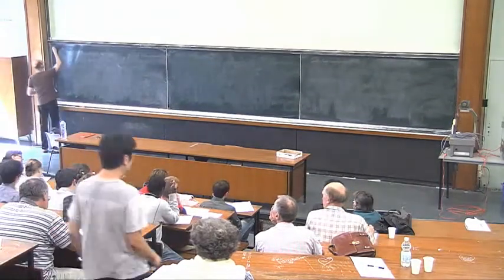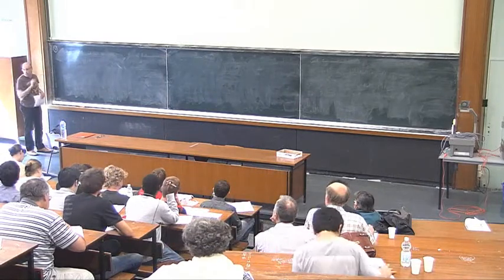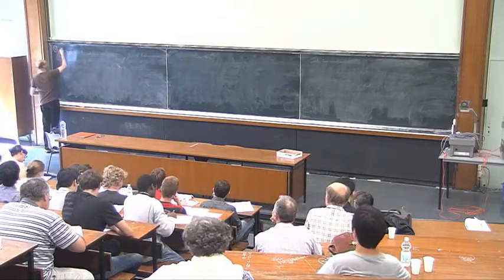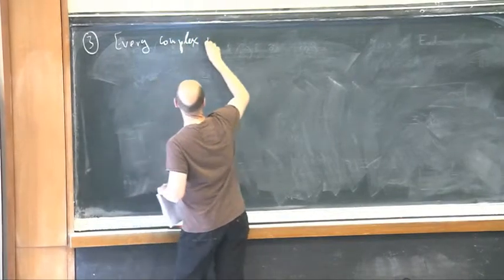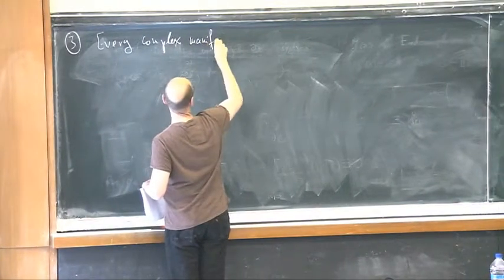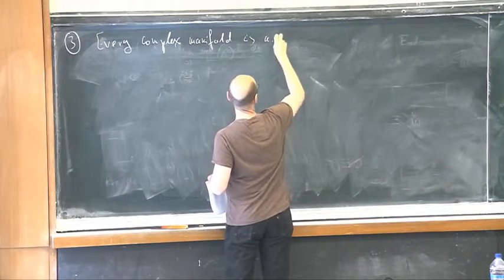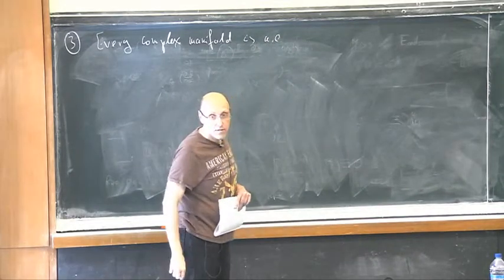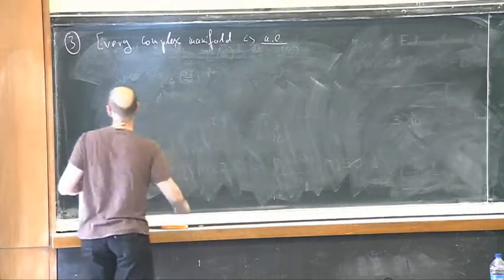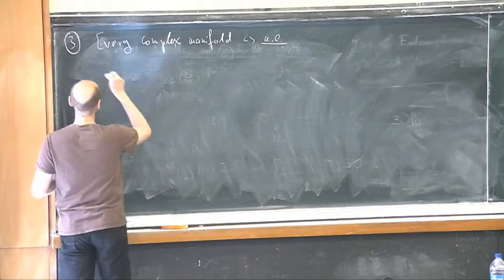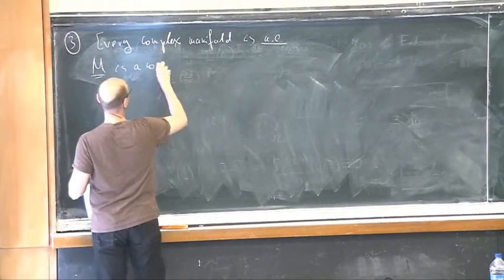More generally, every complex manifold is almost complex in the sense of this definition. So every usual complex manifold is almost complex. I will use this abbreviation, AC. Well, why is that, by the way? Suppose that you have a complex manifold M, a usual complex manifold.